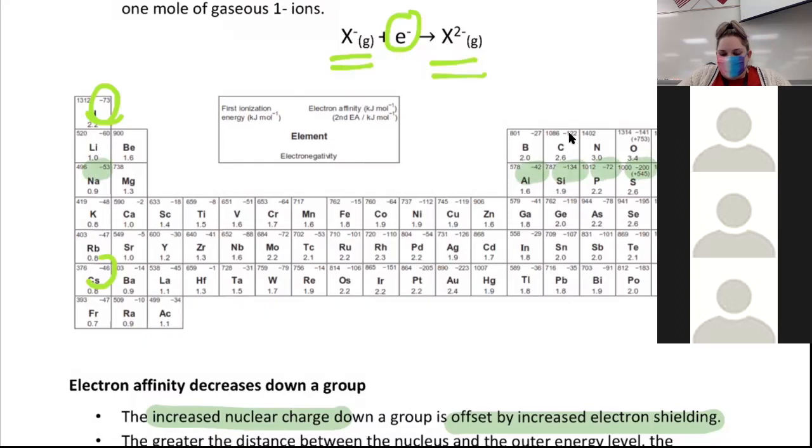The amount of energy is going to increase in general, but it doesn't follow as good of a pattern as the other trends do. So if you want to say that it increases going across a period, you can say that. Just be aware that there are a lot more dips than in the other ones, okay? And then there are some elements that don't even have one, like beryllium, magnesium, nitrogen, they're all blank, okay? And so that's why we only really focus on the group aspect of this one.